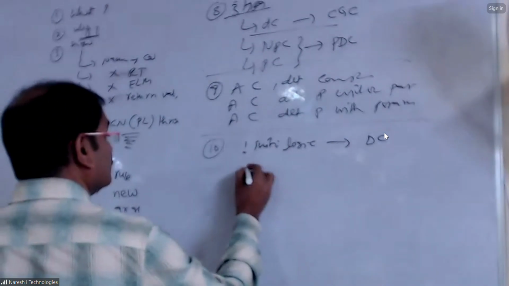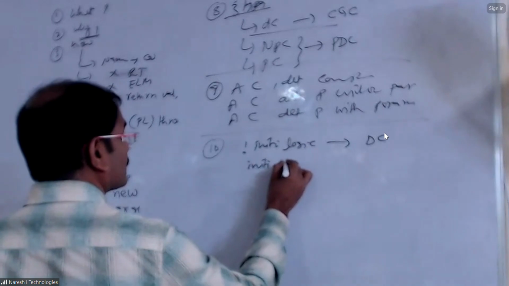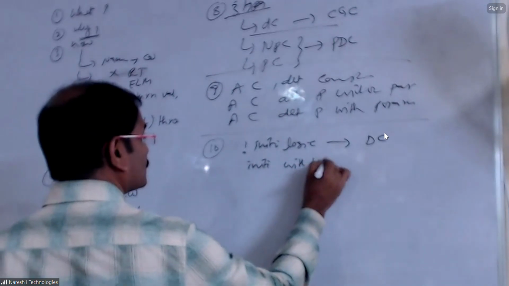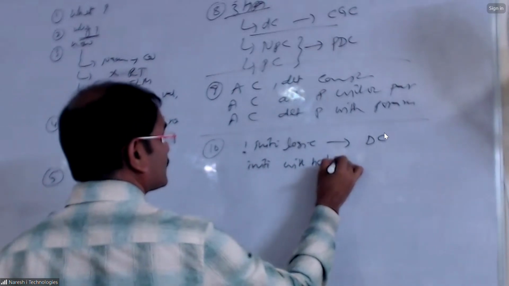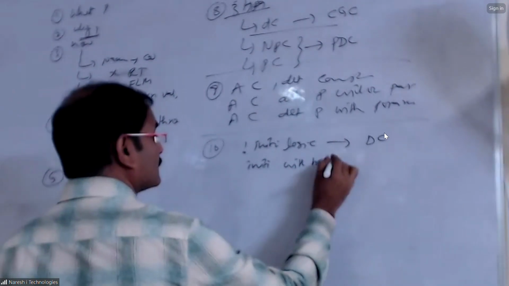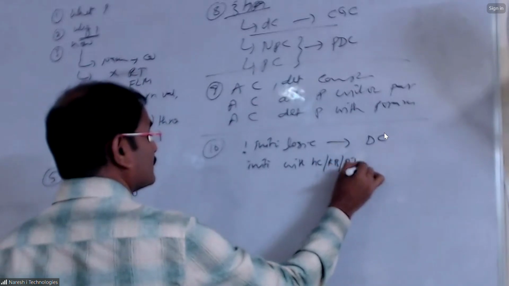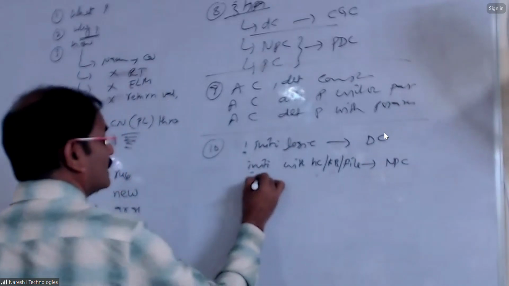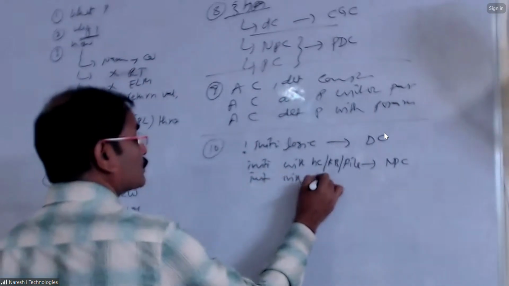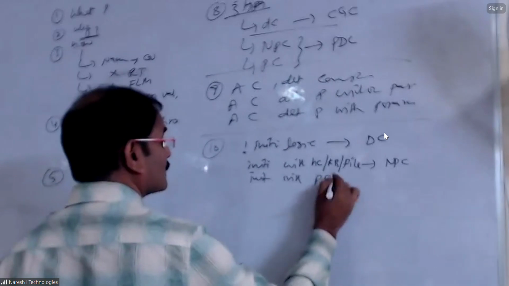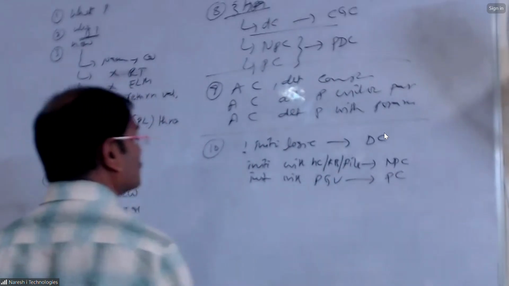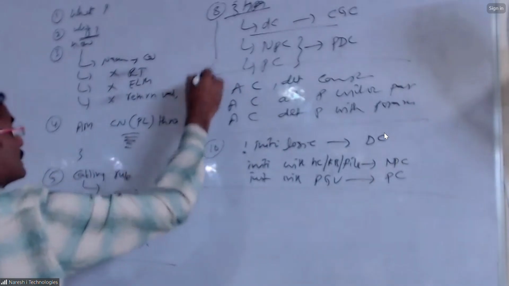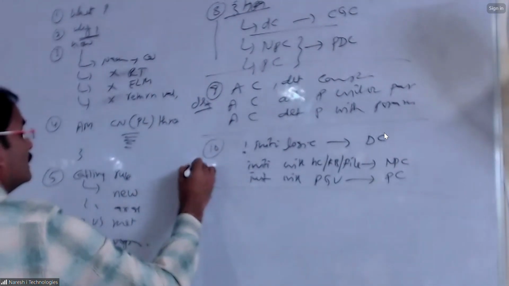Next, if I have initialization logic with hard-coded values, or by reading values from the keyboard or from a file, then we take a no-param constructor. Next, if I want to initialize the object with programmer-given values, then I have to take a parameterized constructor. So these are the definitions and uses.